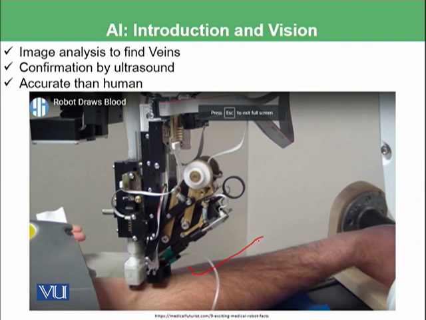Such a robot has been built: you give your arm and it performs image analysis to find multiple veins. In your hand it can see all of the veins, and then it performs ultrasound to see which vein has more blood pressure, so that if we insert the needle in that vein, it will give you the accurate amount of blood. It can then get blood from your arm.